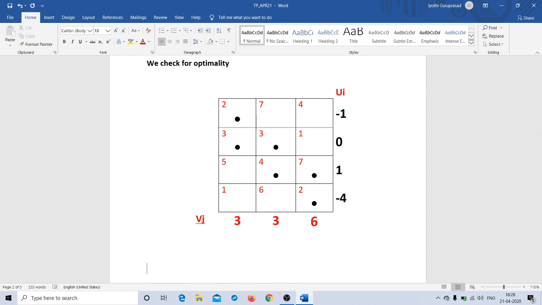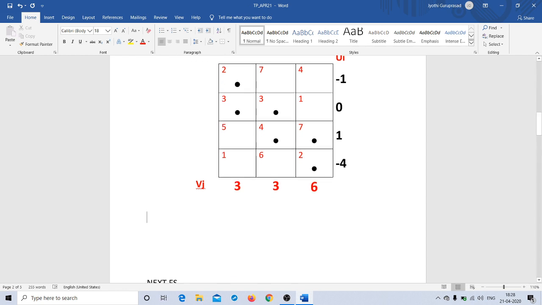And you all know that Dij is given by the formula like this. Dij is equal to Cij minus of Ui plus Vj. So this is the formula for my Dij.